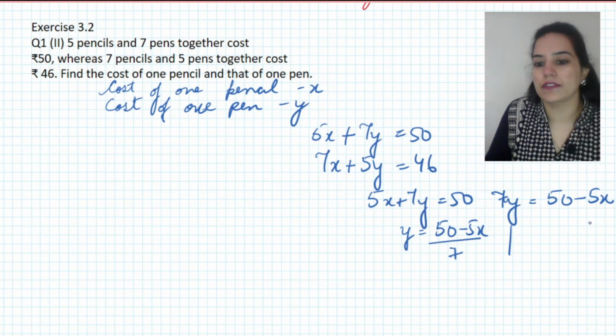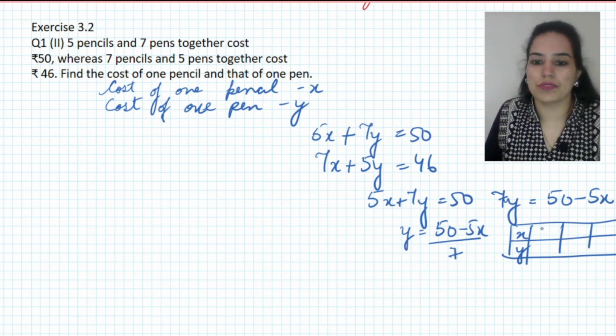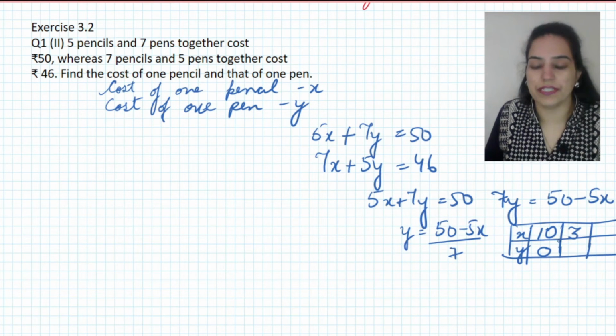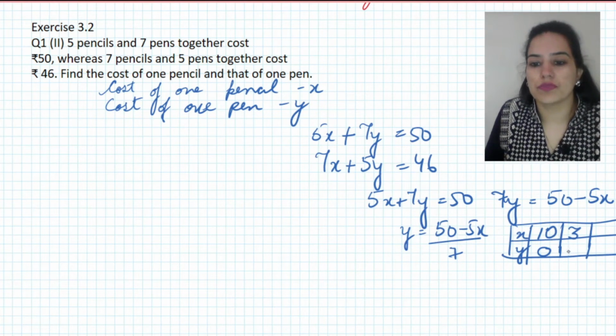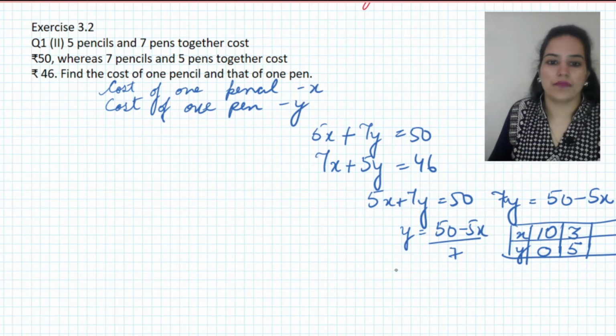So let's find the points. All right, if I put x equal to 10, I get y is equal to 0. And if I put x equal to 3, I get y is equal to 5, right? Otherwise I'll get into decimals if I take any more.